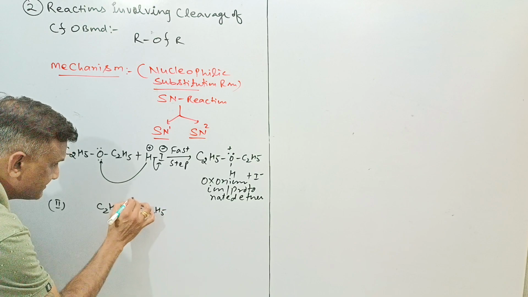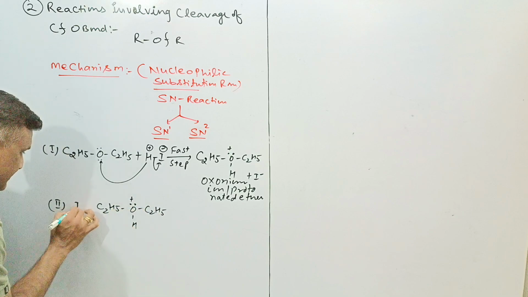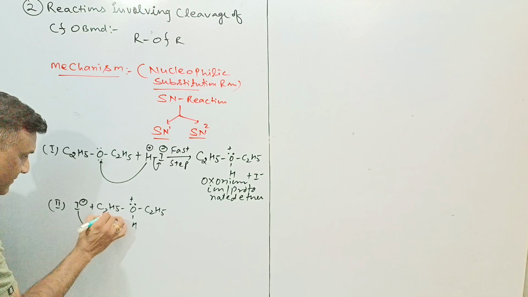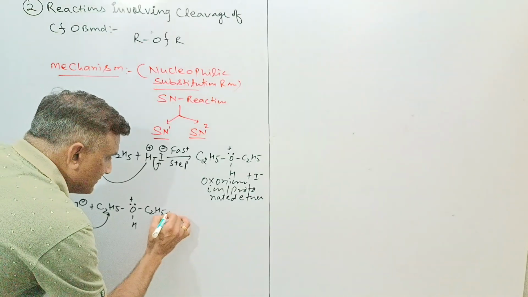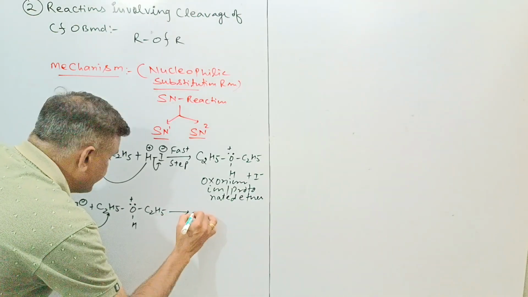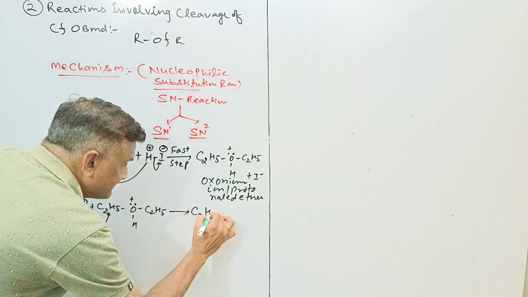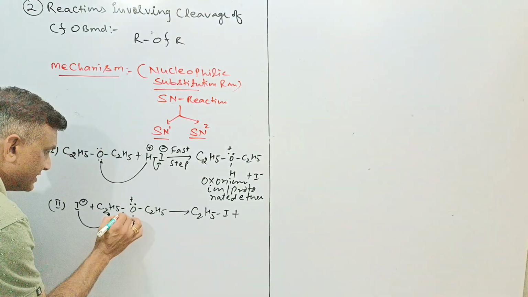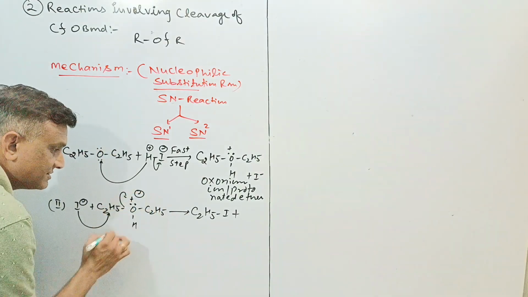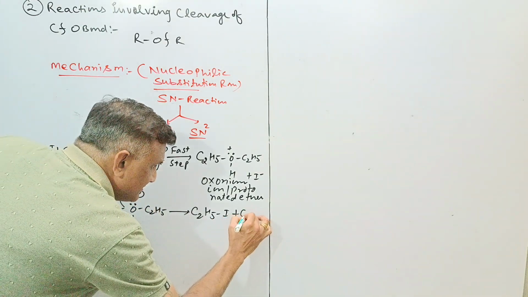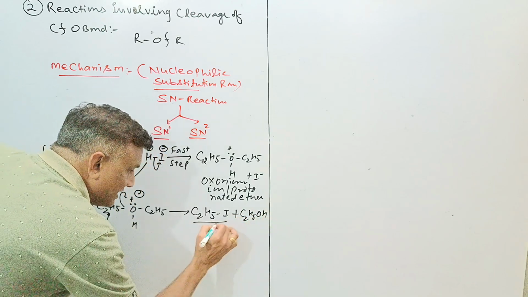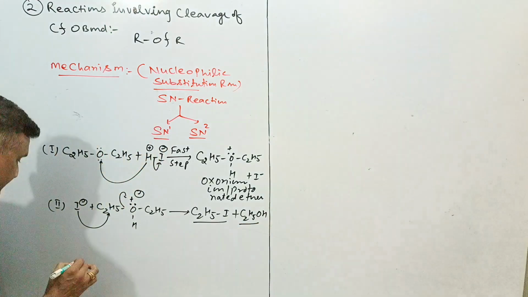This is the positive charge. Here is the attack of the nucleophile. It will attack from here. So here will be the formation of C2H5I, and it withdraws the shared electrons, plus and minus are cancelled. So here will be the formation of C2H5OH, ethyl iodide and ethanol.